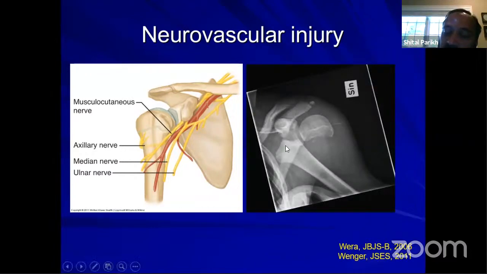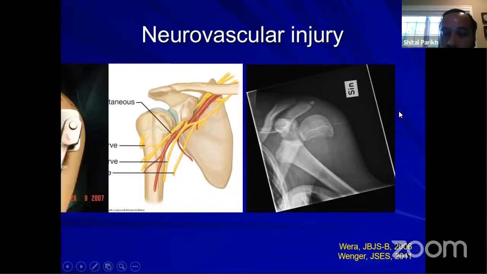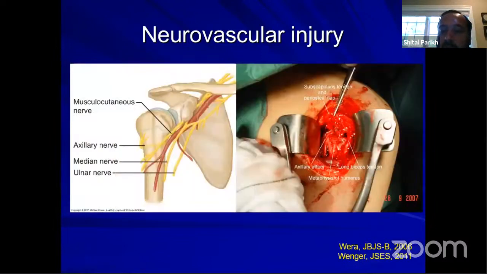Very rarely you can get this kind of intrathoracic displacement of the fragment. You have to be really careful because this may be resting on all your neurovascular structures here, and it might be better to have a general surgeon involved when you're dealing with such intrathoracic injuries. This is from one of the case reports.